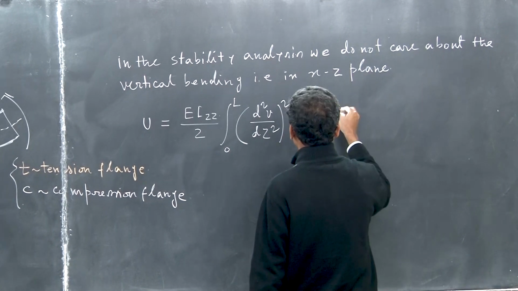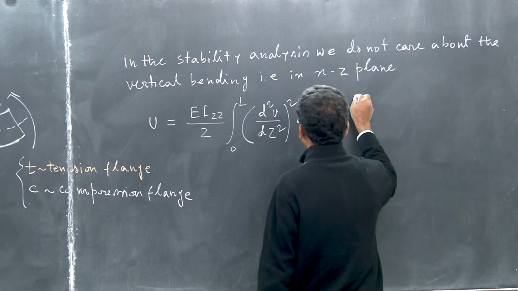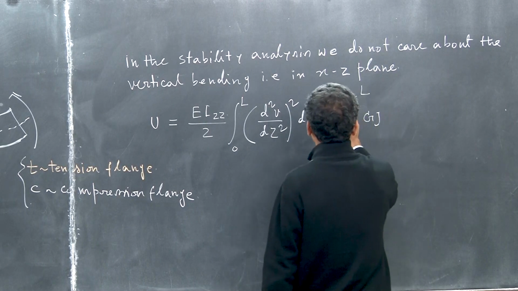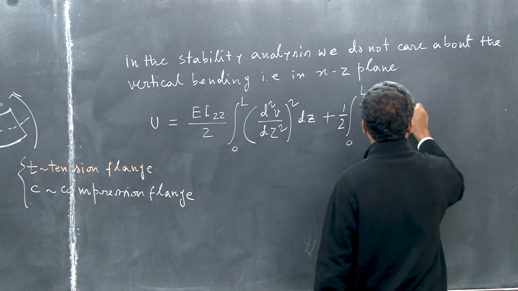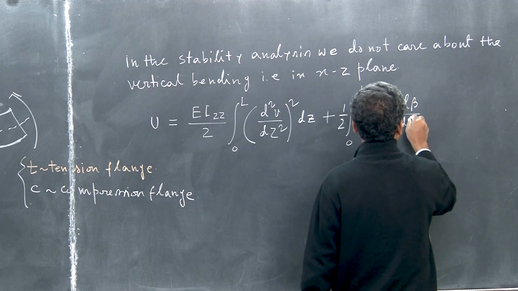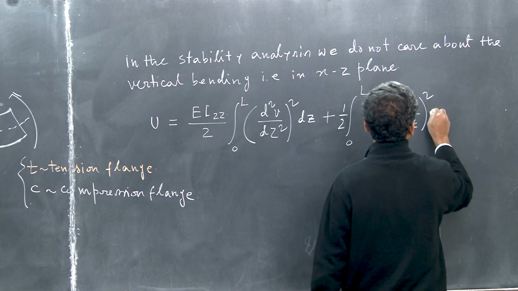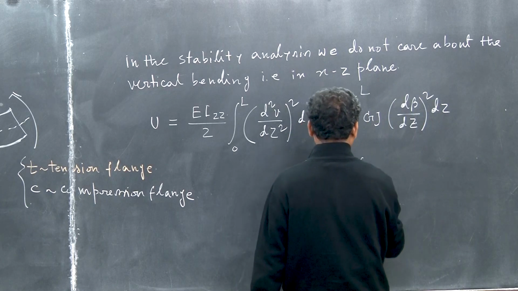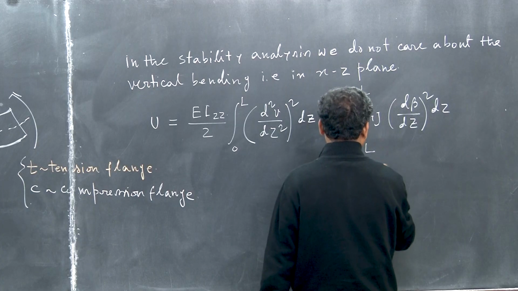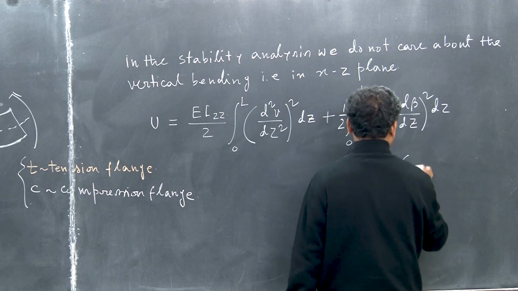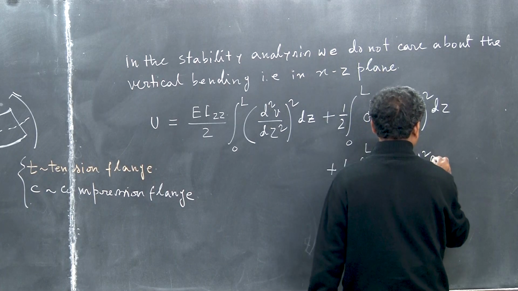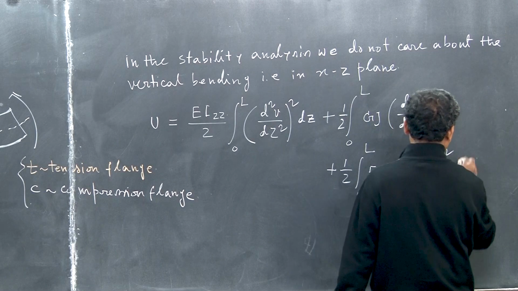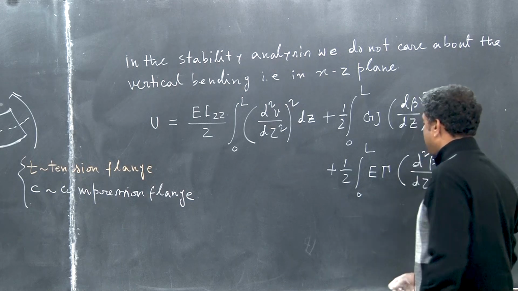Then of course you will have the component, integral 0 to L, half G J (dβ/dz) squared dz, and in addition to that, capital E, capital omega (d²β/dz²) squared dz. You see that?